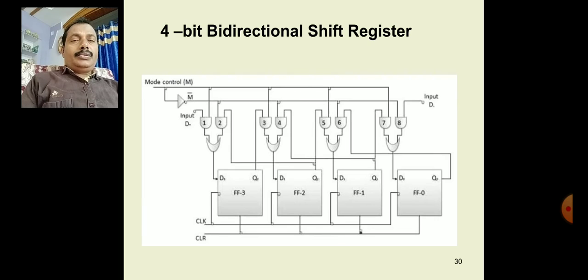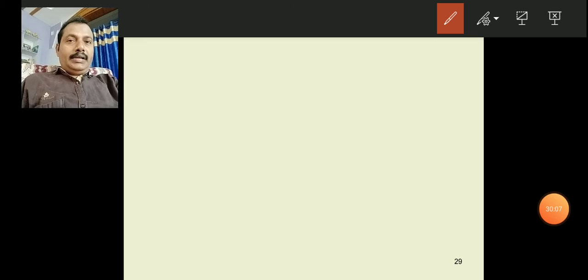The gate circuitry is very simple. Let me explain the gate circuitry in detail, how it works here.